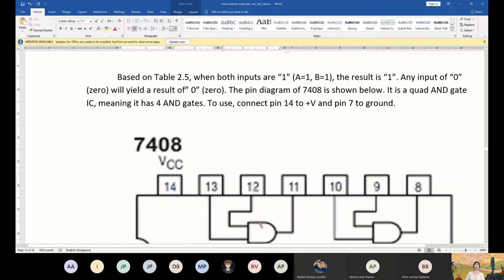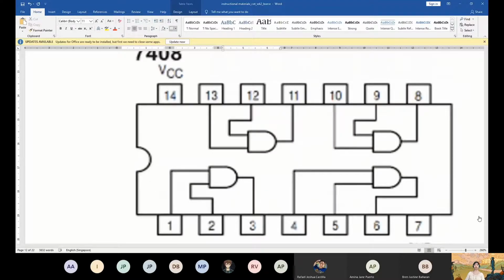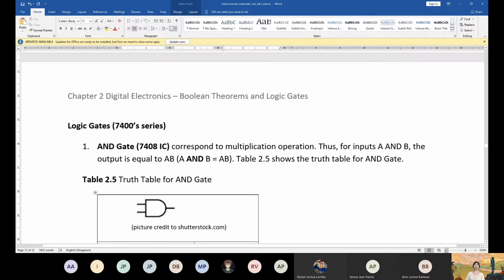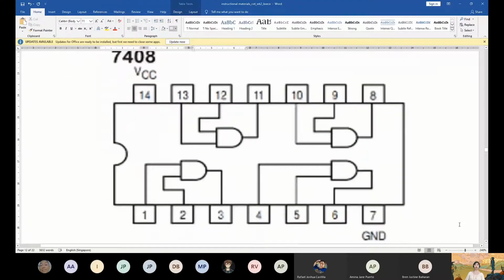This is the IC configuration for the 7408. The 7400 series has 14 pins.